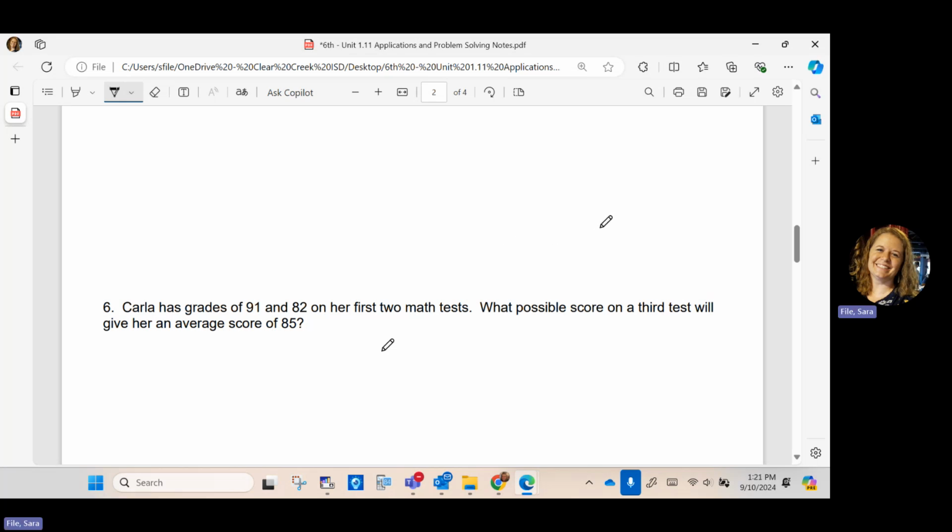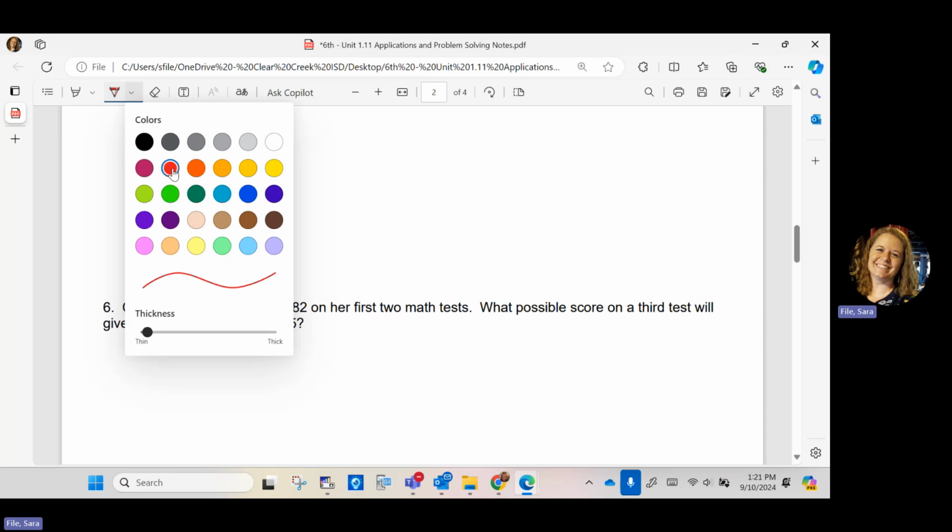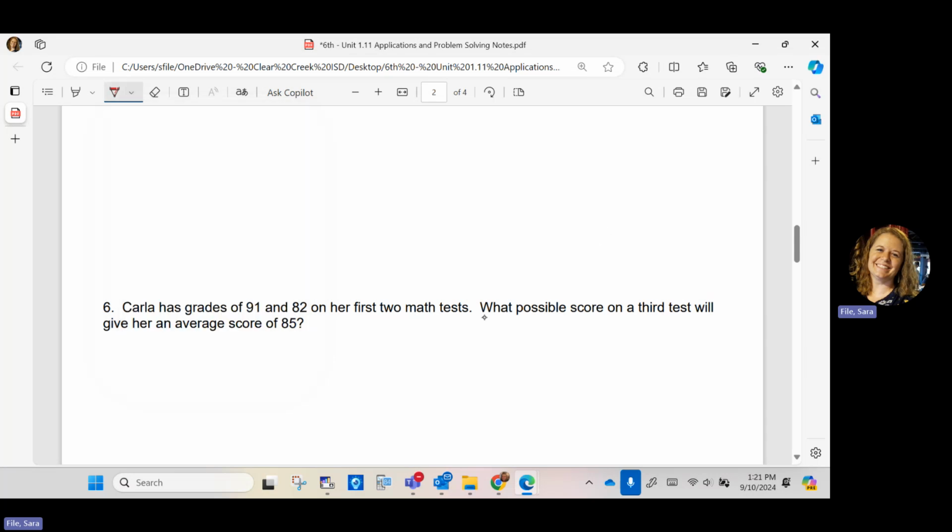Okay, so in number 6, Carla has grades of 91 and 82 on her first 2 math tests. What possible score on a third test will give her an average score of 85? Okay, so my strategy that we talked about for word problems is what is it they're actually asking for? And in this case, it's the third test score. That's what I'm trying to figure out.